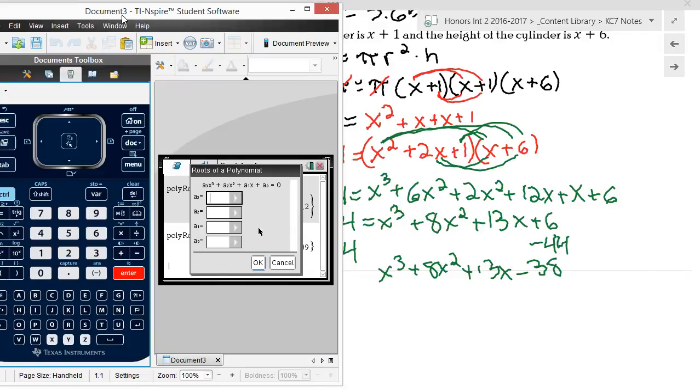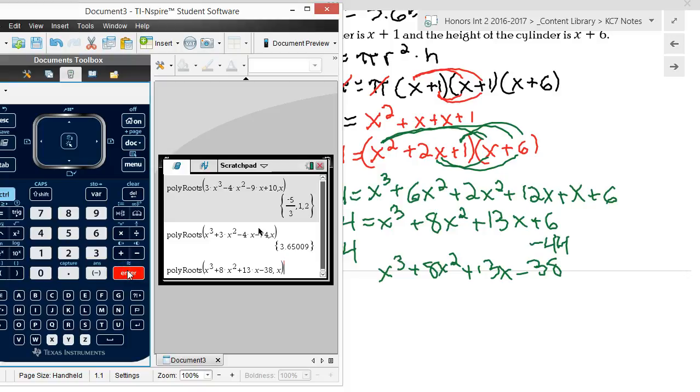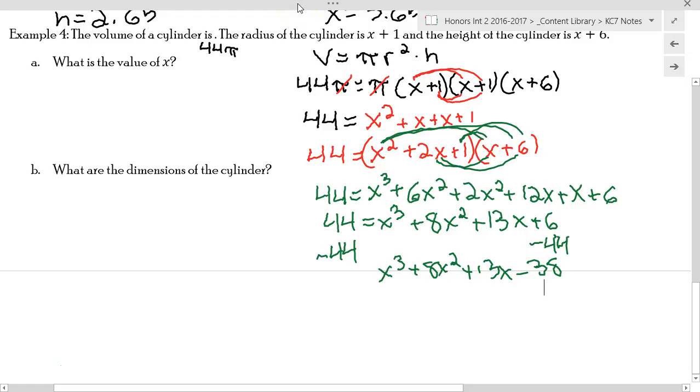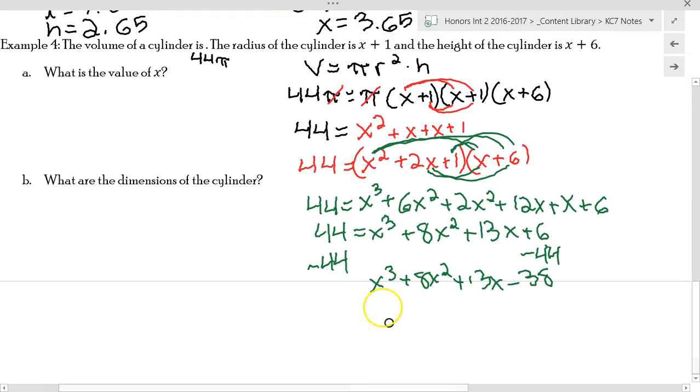So I have 1, 8, 3, that's a 13, and a negative 38. Press enter, make sure it's right, press enter again, and I get 1.43. So x equals 1.43.